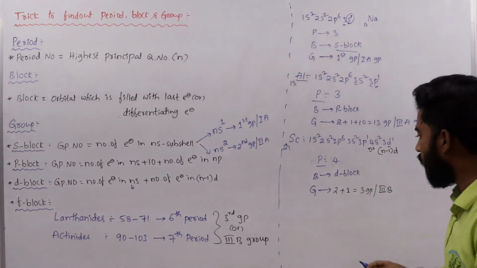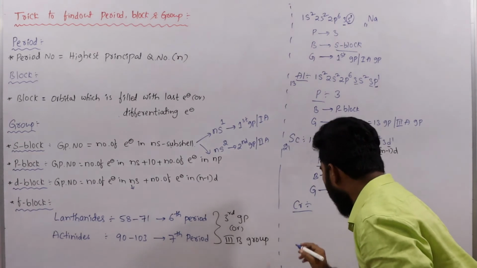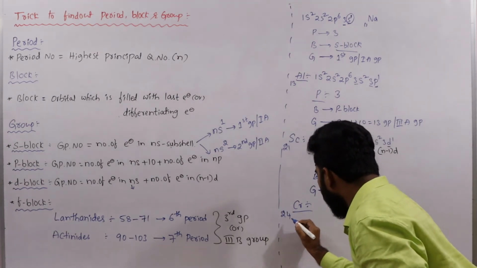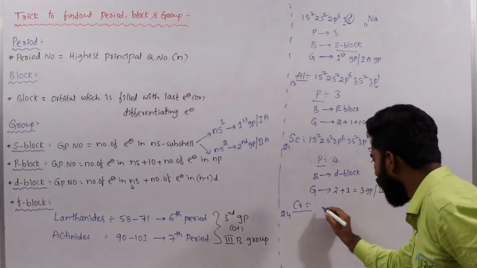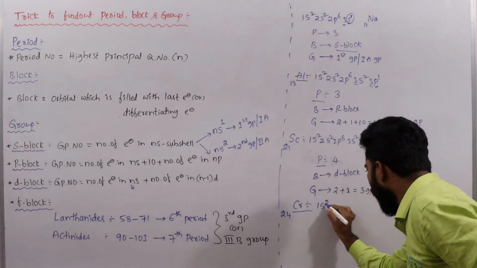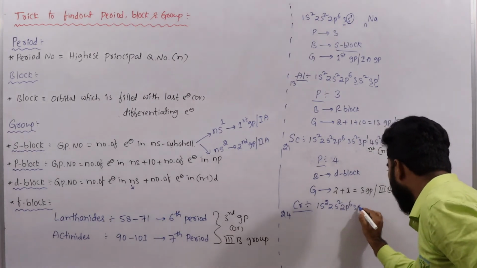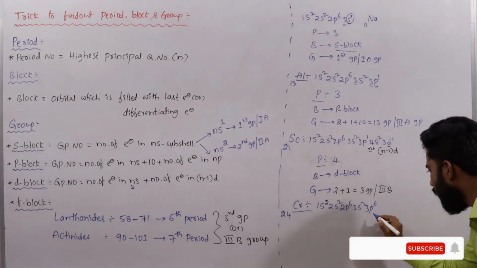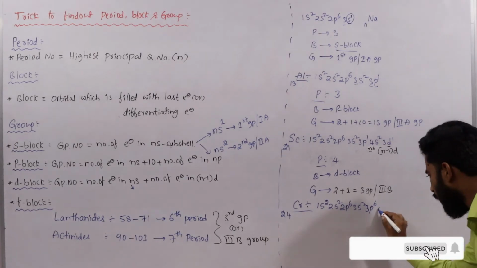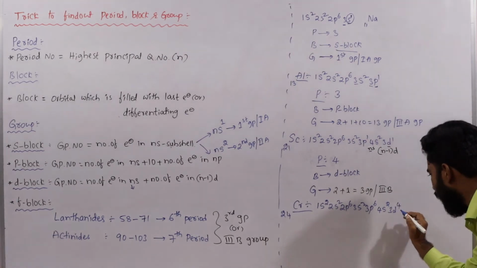For example, if you take chromium, atomic number 24. When you see the electronic configuration of chromium, that is 1s2, 2s2, 2p6, 3s2, 3p6. After 3p, the electron enters into the 4s orbital, 4s2, then 3d4.